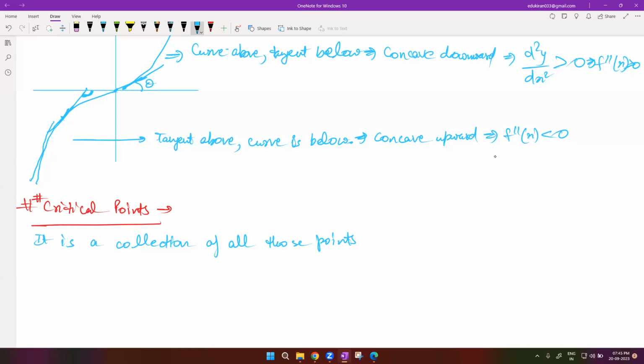It is the collection of all those points which satisfy either of the conditions.